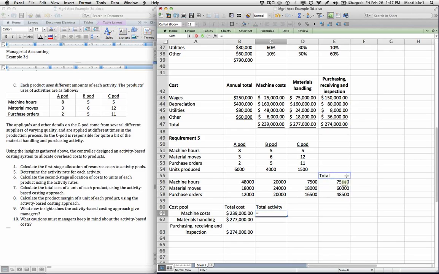We've got our total activity for each of these 3 activities: 75,500 machine hours, 60,000 materials moves, and 48,500 purchase orders.